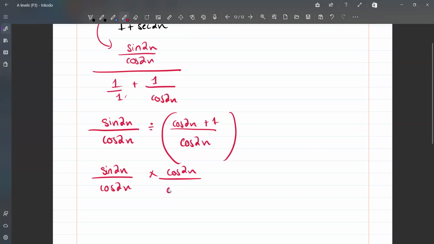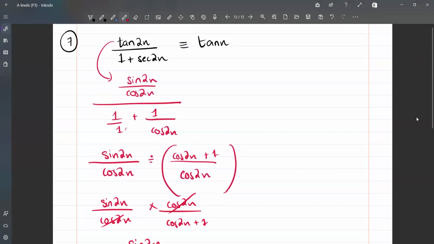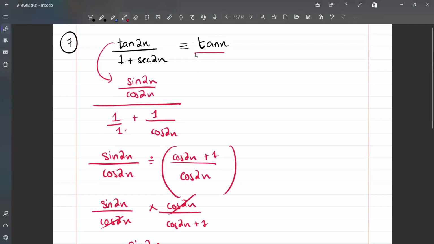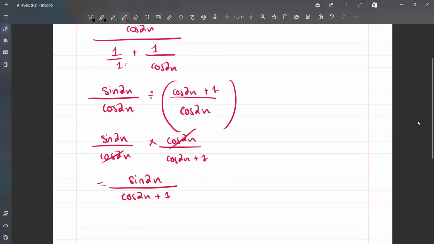Cos 2x upon cos 2x plus 1. This and this cancels out, so we are left with sine 2x upon cos 2x plus 1. Right, and it's asking us to prove it to tan x.